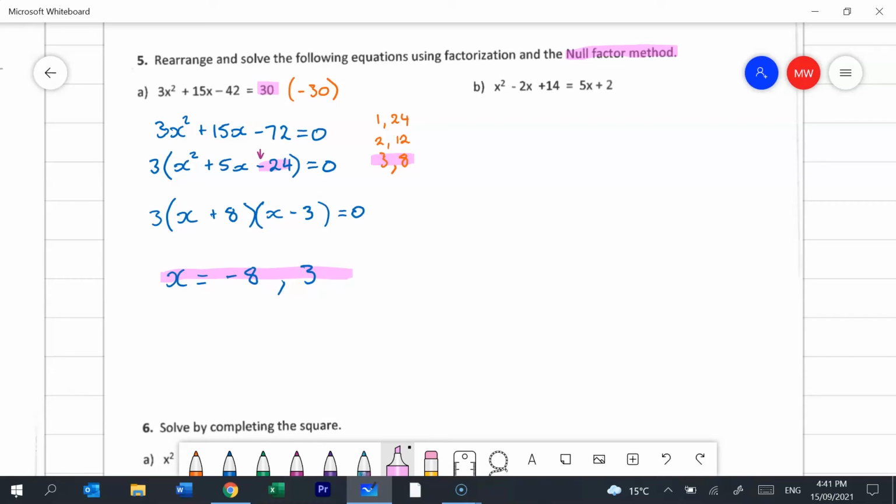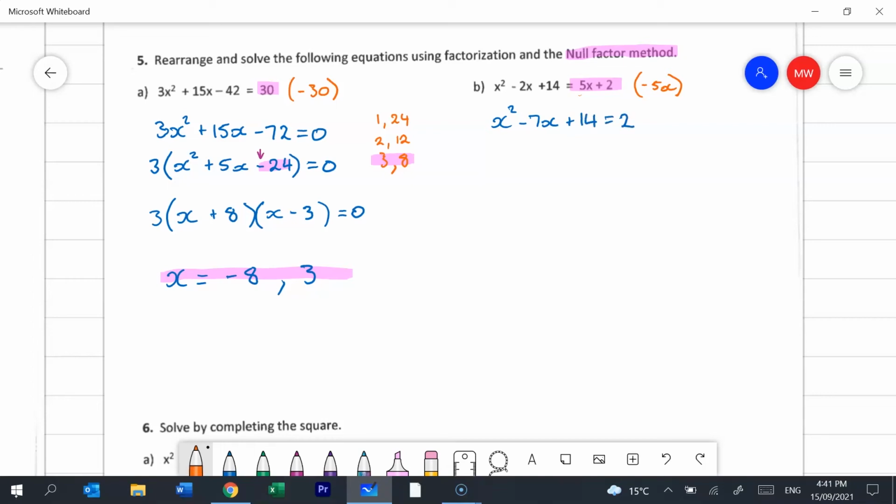Bit more rearranging in this one here, because this one doesn't equal 0 either. So first job, make it equal 0 for everything in this topic. So let's take 5x away from both sides, and the next line will now be x squared minus 7x plus 14 equals 2.